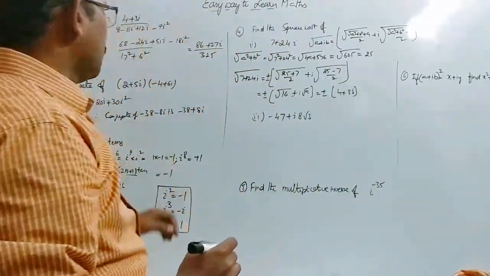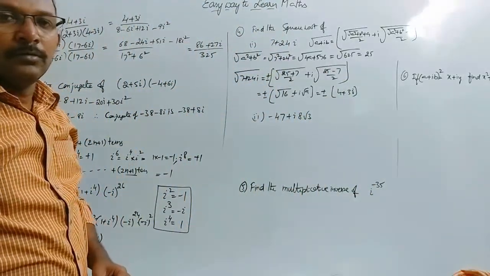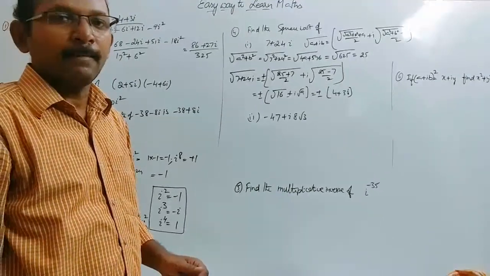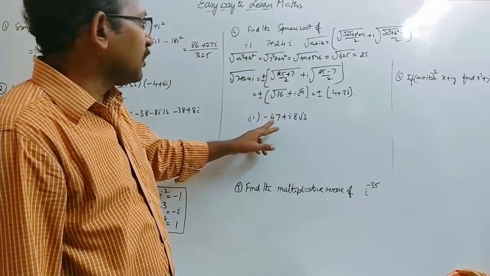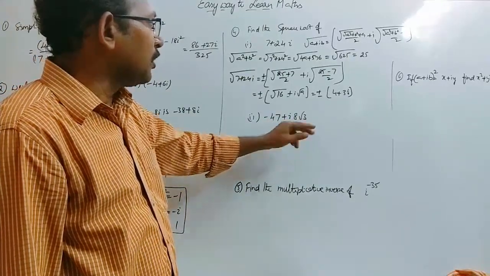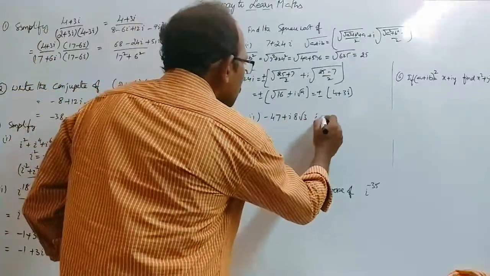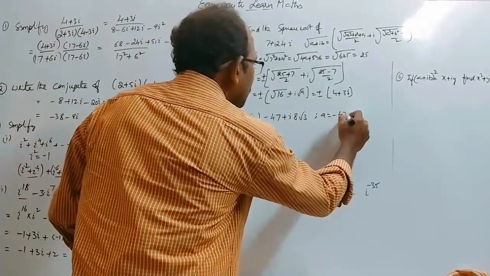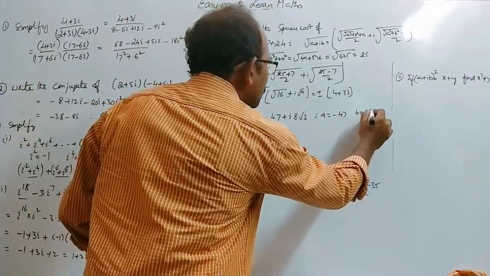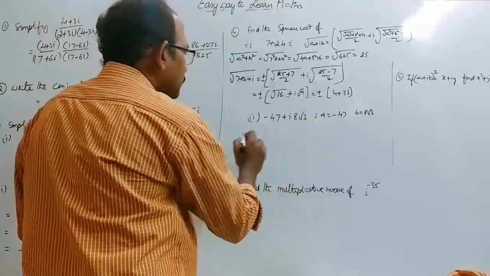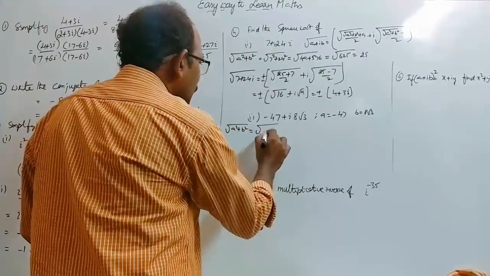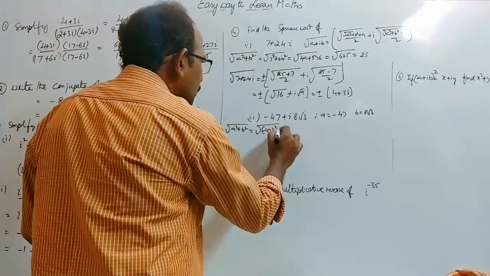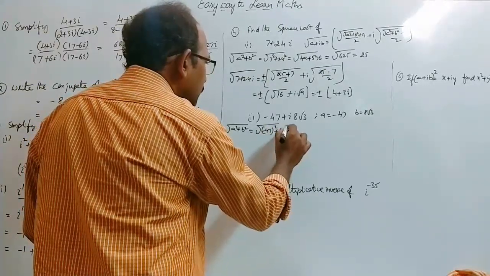Okay. Now let us find the square root of minus 47 plus i 8 root 3 also. Here a is equal to minus 47, b is equal to 8 root 3. Same, let us find square root of a square plus b square. That is equal to square root of minus 47 whole square plus 8 root 3 whole square.